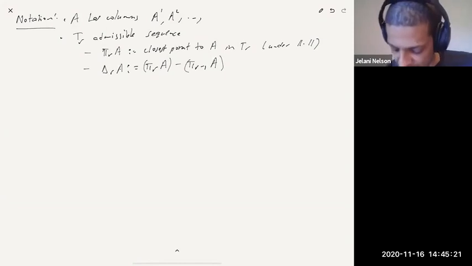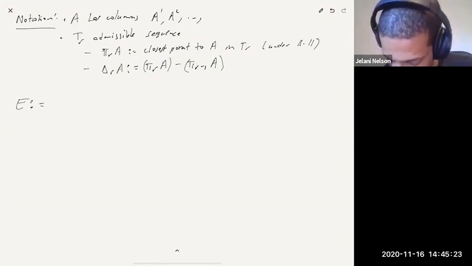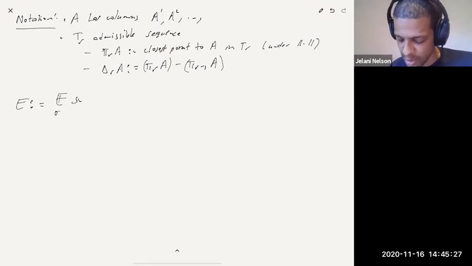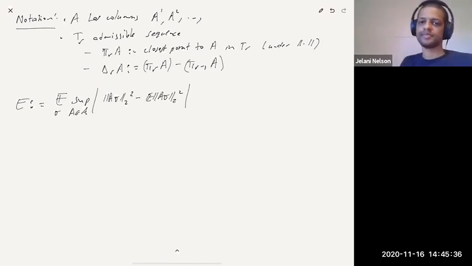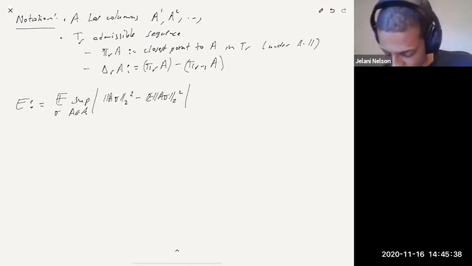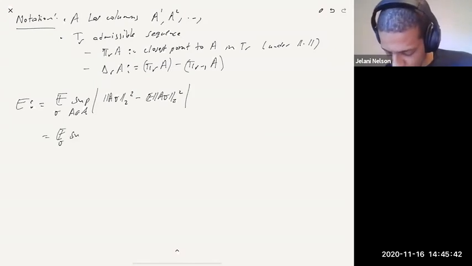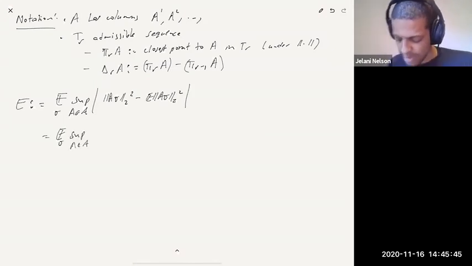So now the first thing, I'm going to define the error to be the thing we're trying to bound. The error is the expectation over sigma of the sup over all A in script A of the L2 norm squared of A sigma minus the expectation of the L2 norm squared of A sigma. So I can write this as the expectation over sigma of the sup over A in script A of, remember that A sigma is equal to the sum of sigma_i A_i.